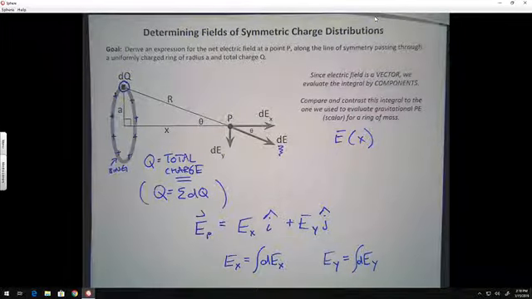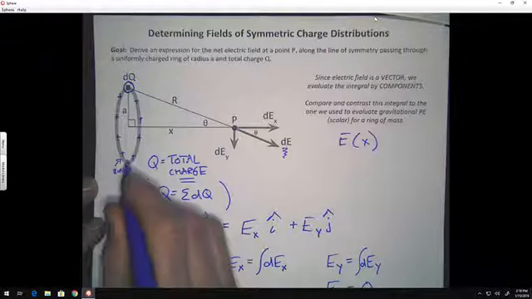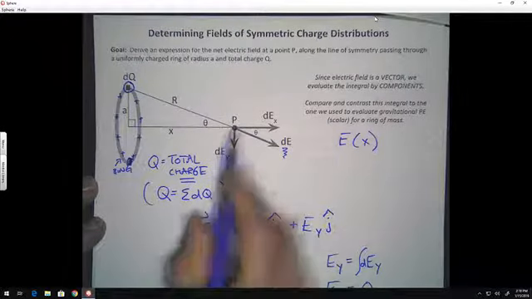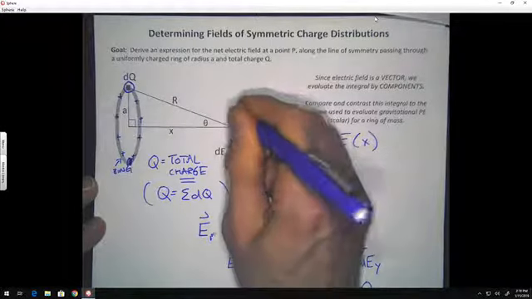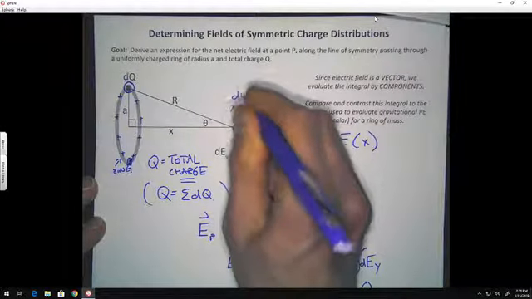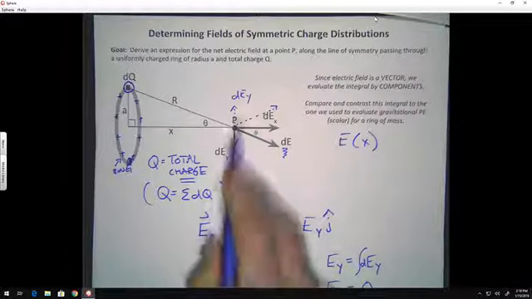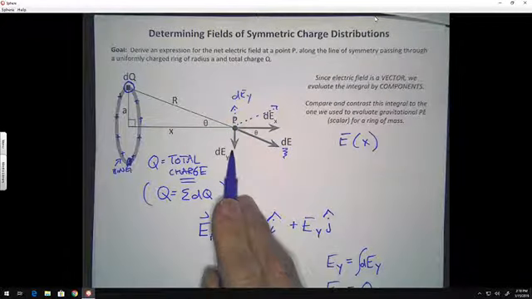Now we're going to play a little trick here, and we're going to say that this integral, when you add up all those pieces, is actually equal to 0. So the total Ey of the electric field here is 0. The reason we can say that is because you can probably imagine that if I chose a chunk down here at the bottom of the ring, it would make a vector where the dEy component goes up, and it would cancel the dEy component down here.